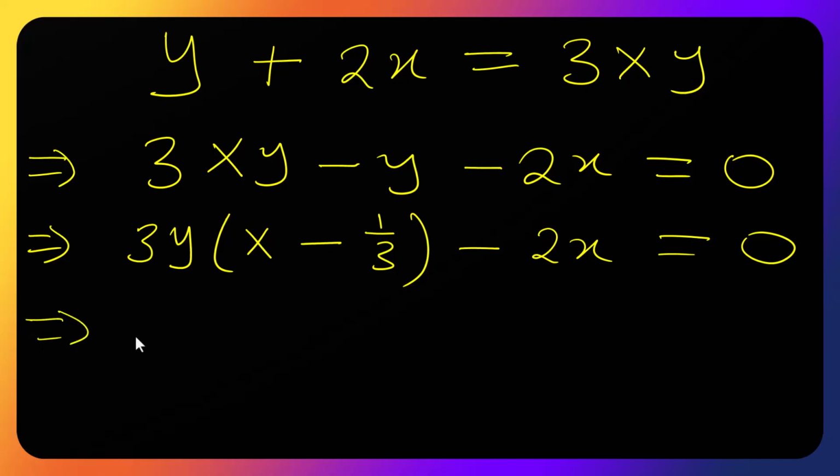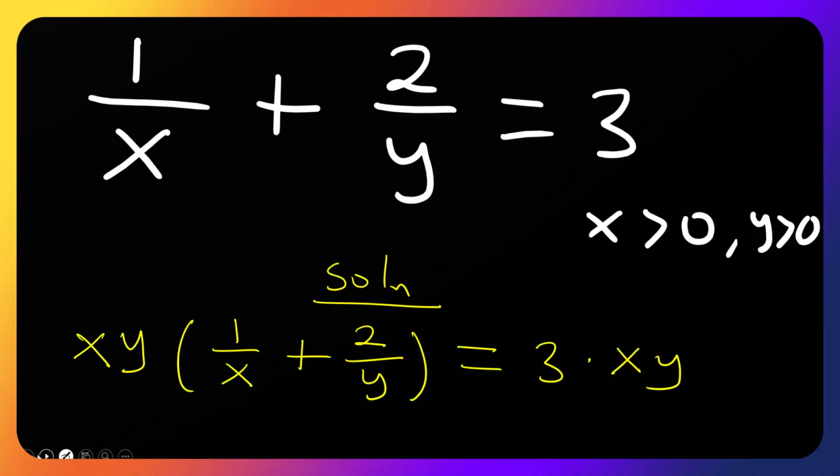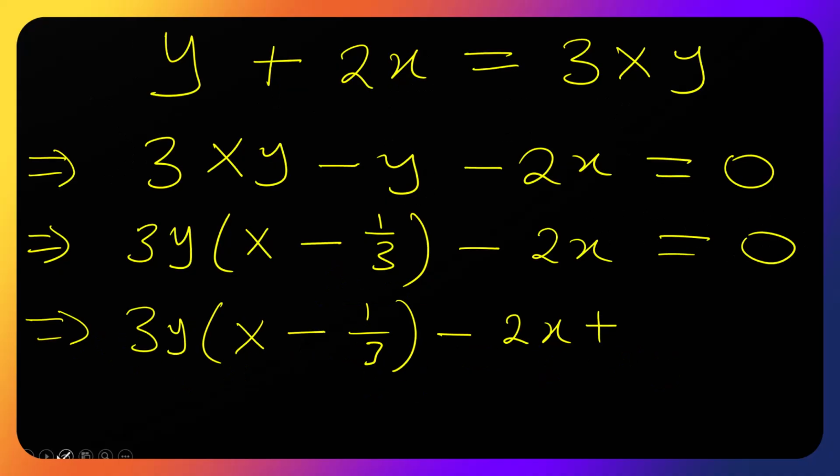So I have 3y times x minus 1 over 3, minus 2x plus 1 times 2 over 3. So I'll add this. Let me change the color here. So we have 2 on 3 equals to 2 on 3.